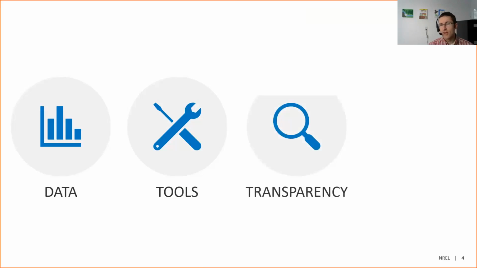Our goal is to be very objective in our work, so we want to be transparent so people could see what's going on behind the scenes. And finally, it's a forum for us to help facilitate and communicate ideas to improve decision-making, to improve communication among different stakeholder groups in terms of understanding how the power sector can evolve over time.